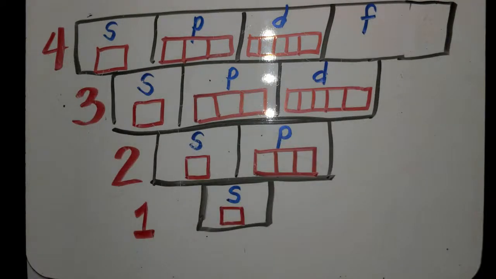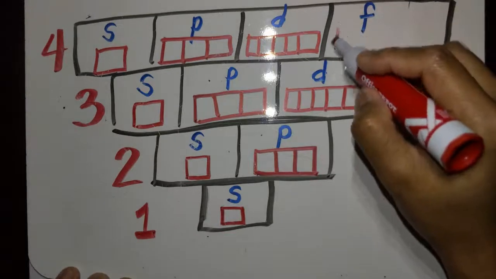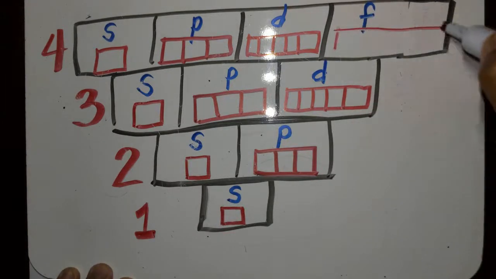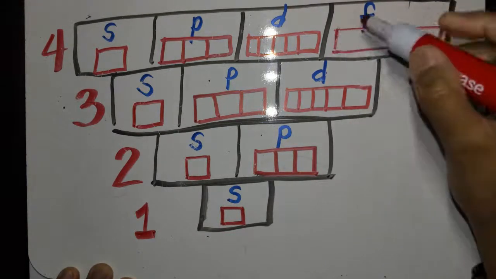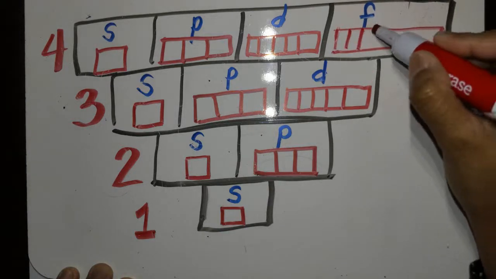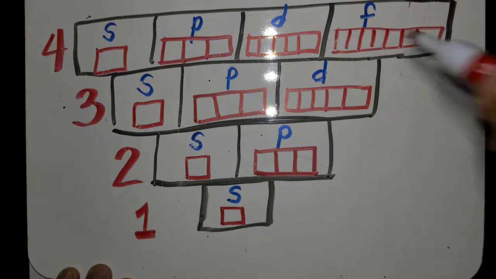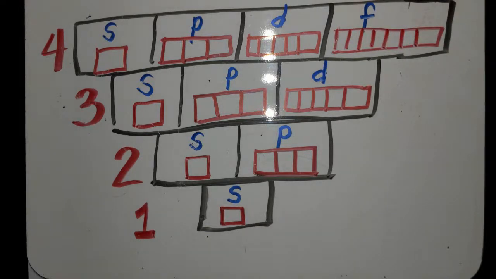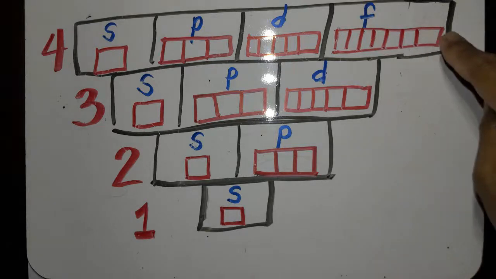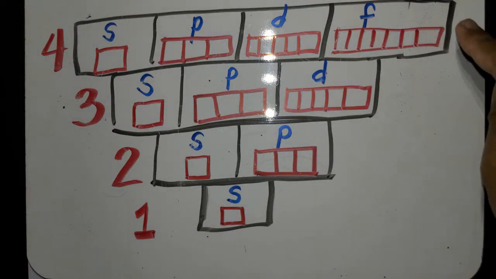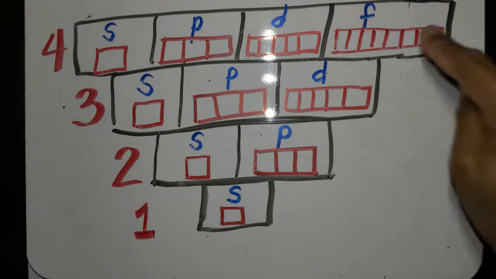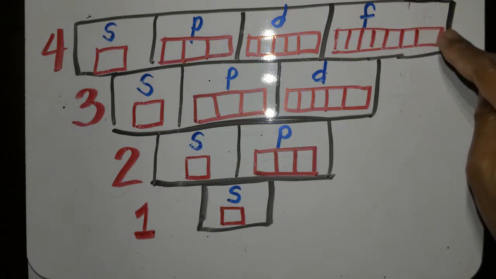Therefore, we have to draw 7 rooms in our F sublevel. So that's 1, 2, 3, 4, 5, 6, and then 7. So that's 7 rooms. If you think about it as an apartment, the F sublevel is the most expensive because when you get in here, there are 7 rooms inside the unit. So it will occupy more and more electrons.